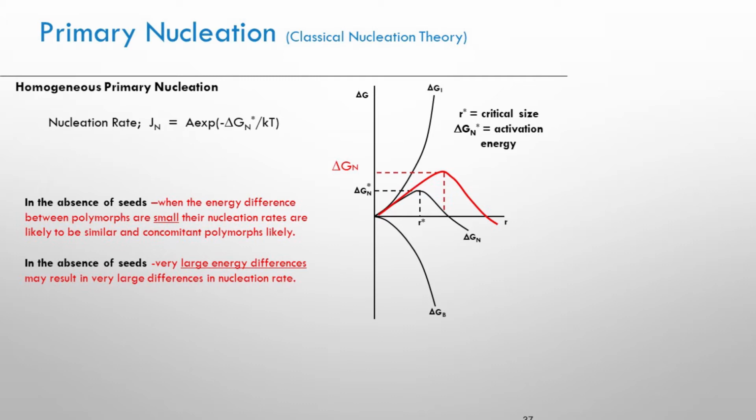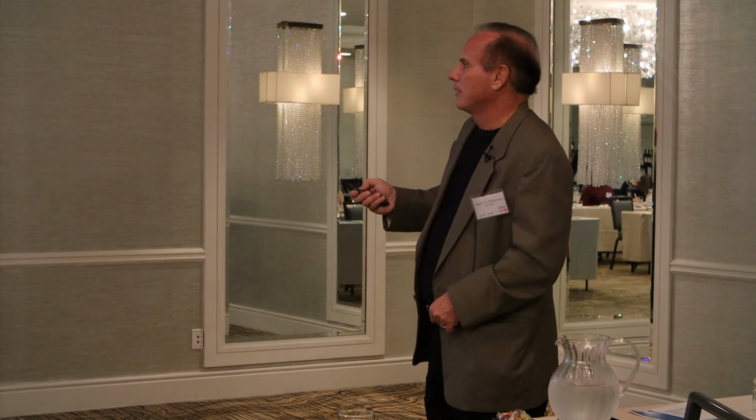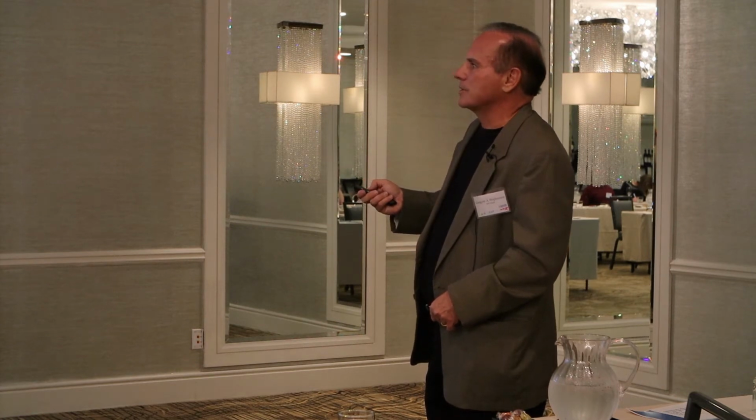And so your metastable forms tend to nucleate at a faster rate than your stable crystalline forms. In the end, in the absence of seeds, when the energy difference between polymorphs is small, their nucleation rates are likely to be similar, and concomitant polymorphs more likely. In the absence of seeds, very large energy differences may result in very large differences in nucleation rates.